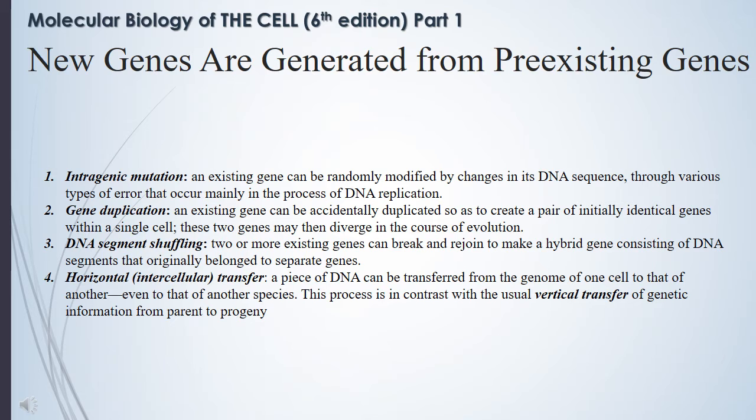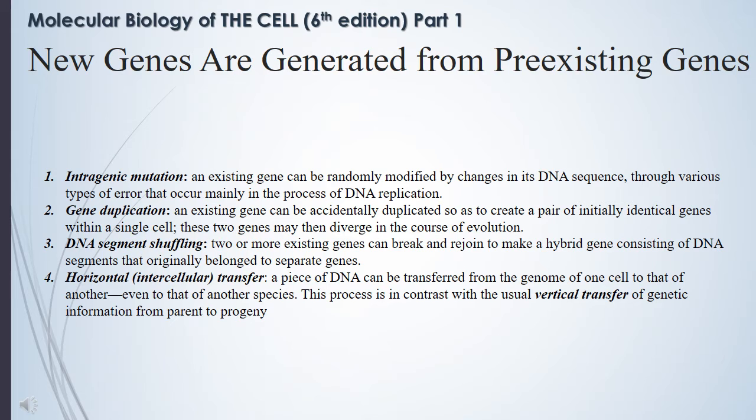Then we have DNA segment shifting, in which two or more existing genes can break off and rejoin, creating a hybrid gene. The fourth type is known as horizontal transfer, which is basically a transfer of DNA from the genome of one cell or organism to another.